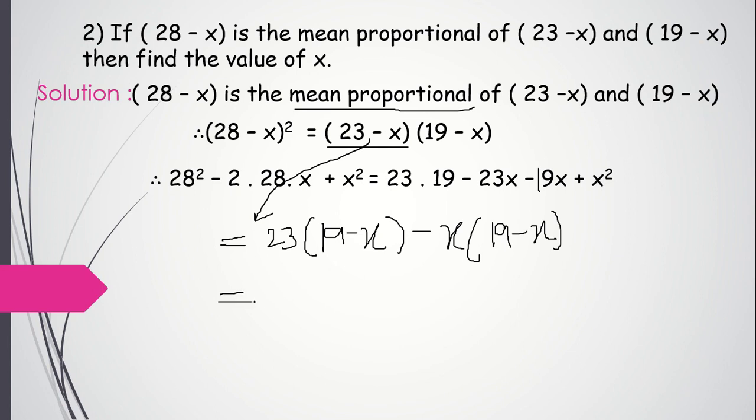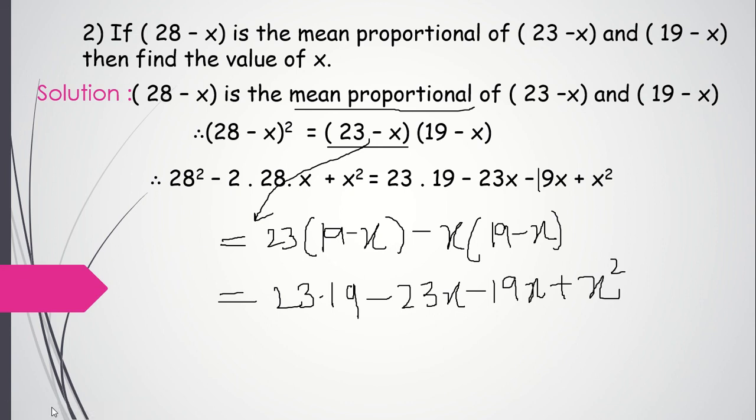So then we multiply this 23 inside, that becomes 23 into 19 minus 23x, minus 19x, and then minus minus plus, so that's plus x square. So this is how we get this expansion: 23 into 19 minus 23x minus 19x plus x square.